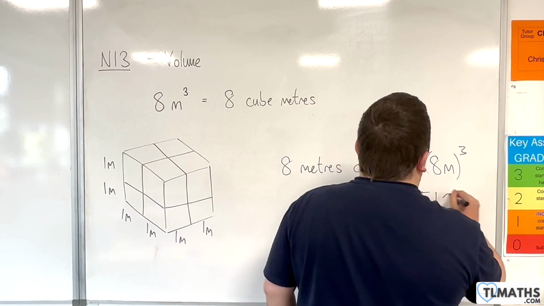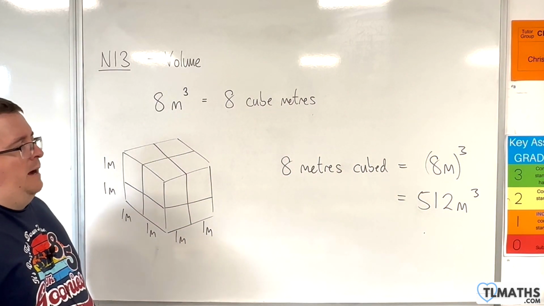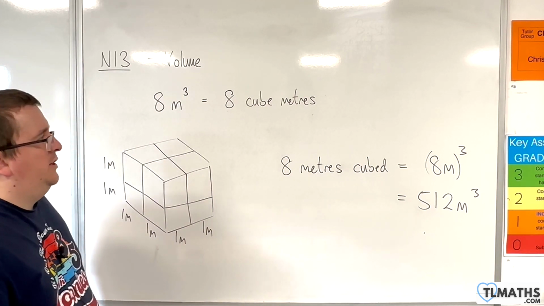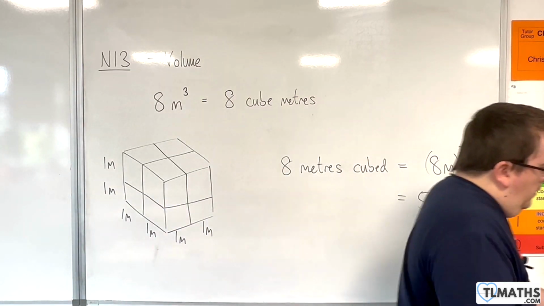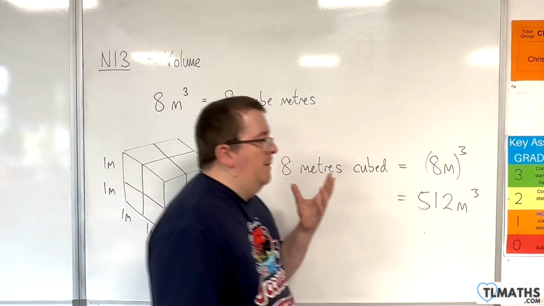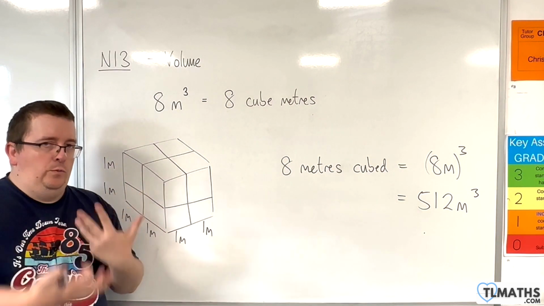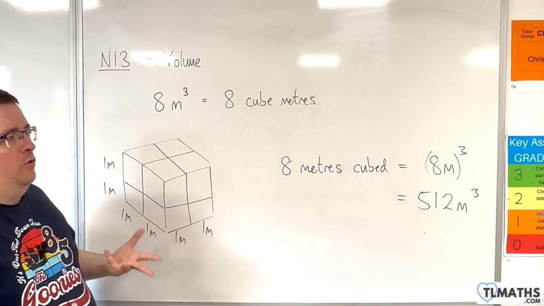So this would be 512 cubic meters, which is obviously a much larger volume than just 8 cube meters. Okay, so that is definitely something to be mindful of, but it's just a language thing. Okay, so it's just making sure you're clear on that.